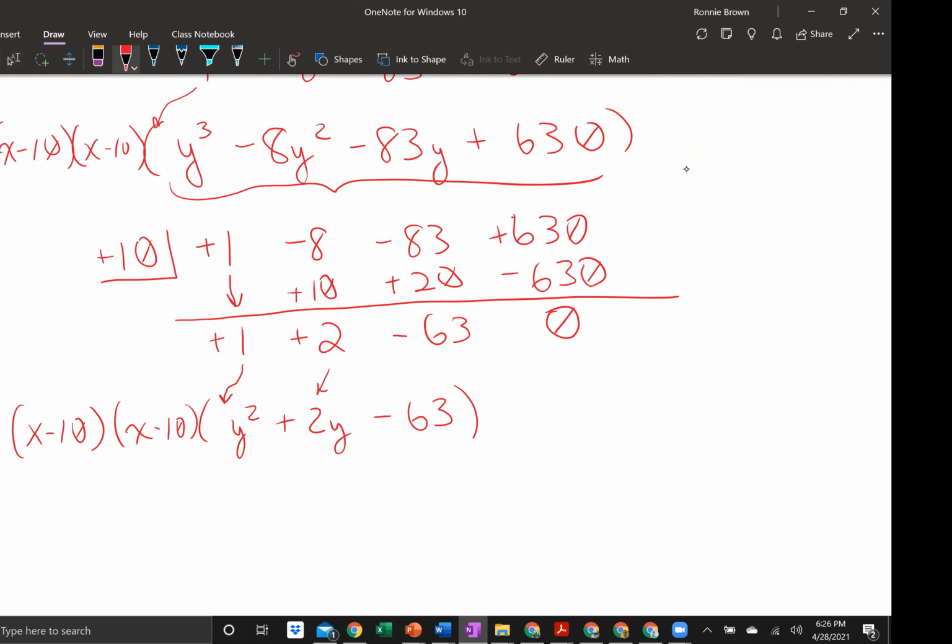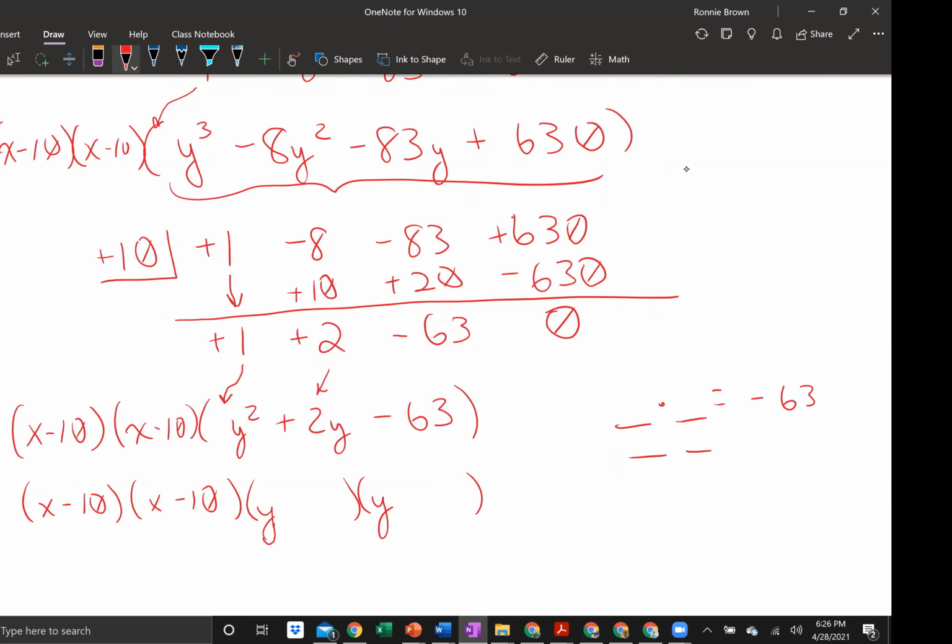So I'm going to go ahead and bring these two down, these two linear factors. And instead of doing some more long division, I'm just going to look at it and say, oh, I can go ahead and factor this, right? This is easily factorable. I can say to myself, what times what makes negative 63?